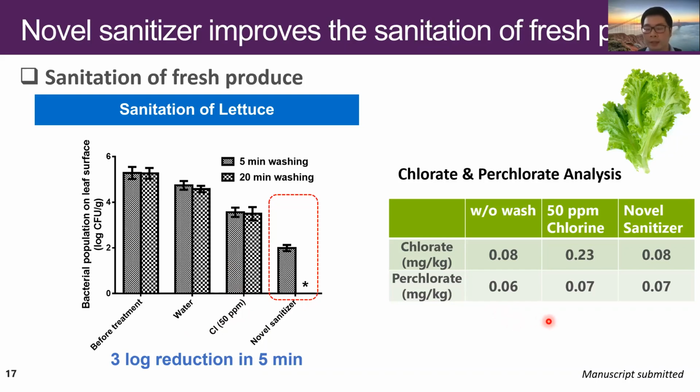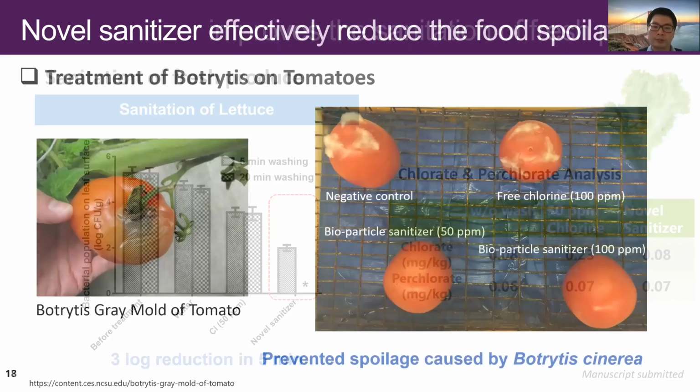Our particles don't increase the perchlorate and chlorate concentration on the leaf surface. We can see that 50 ppm chlorine significantly increases the chlorate concentration on the fresh produce surface.